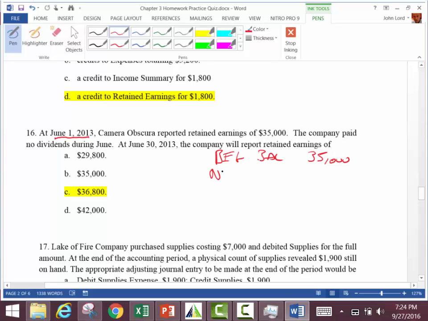That's my net income, right? So I add my net income of 1,800. I guess they didn't pay any dividends. Dividend is 0. Minus dividend, but dividend is 0. And so I've got an ending balance of 36,800.